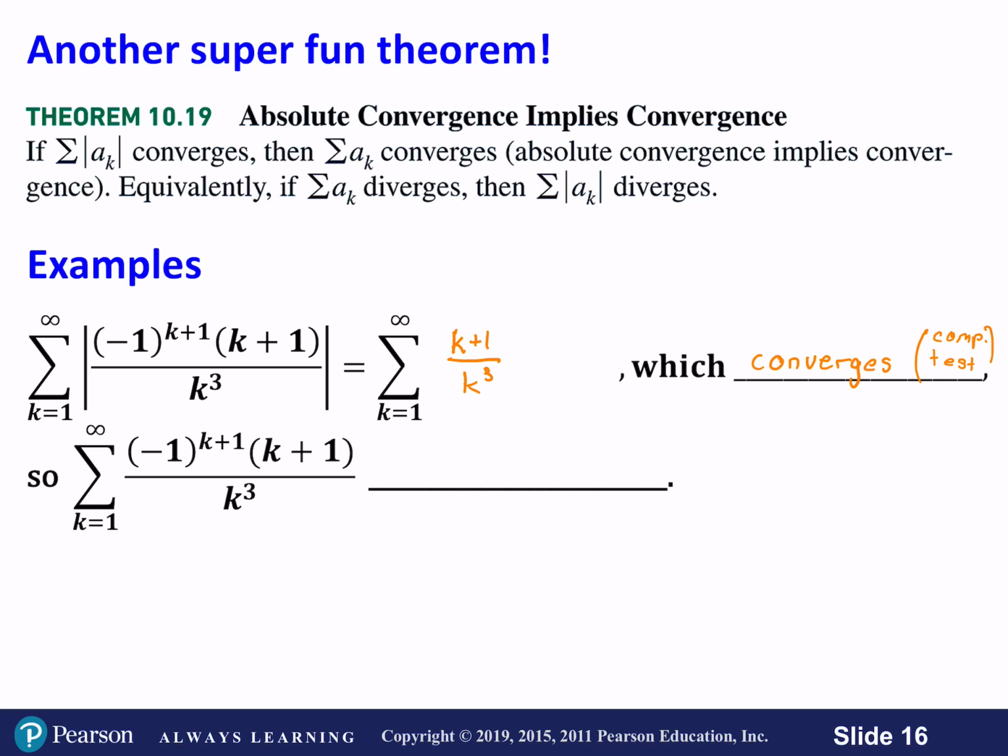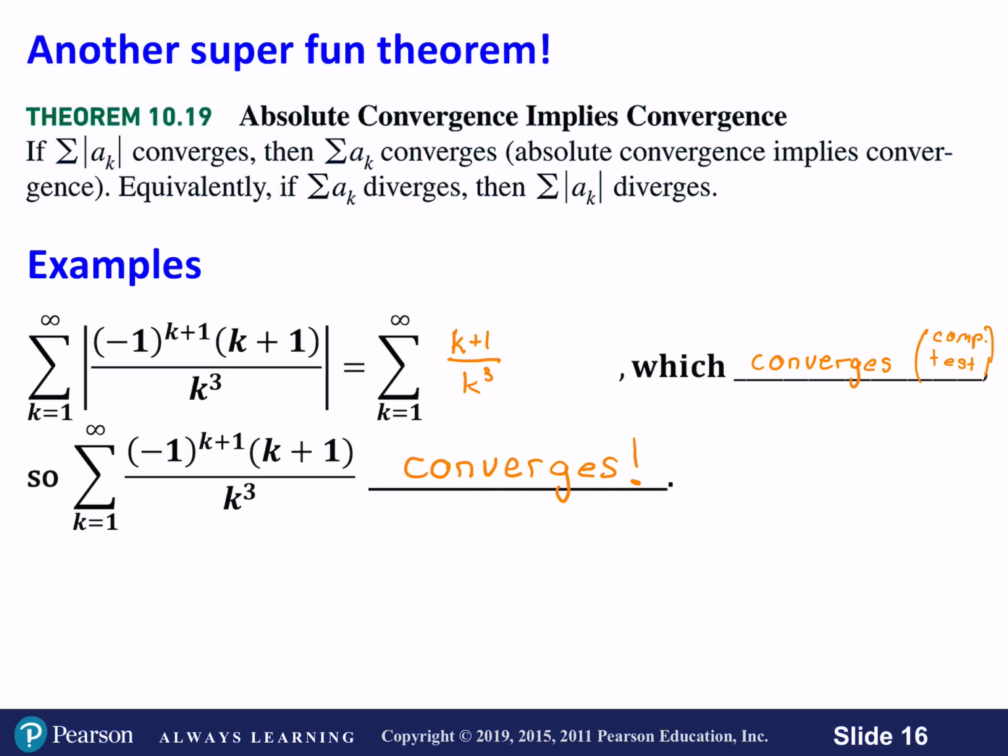I won't write out the details, but that indeed does converge. It's also, if you split up the numerator, you could write it as two different p-series. So either way, it converges. So that means that our original series has to converge also. So the absolute value converges, so the original series converges. That's basically what we're saying.